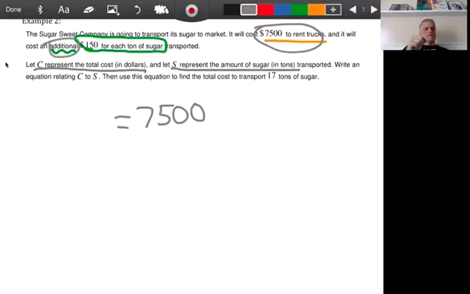Is it going to be positive or is it going to be negative? Well, it's an additional. Add is in additional. You're going to add 150. But it's not just 150, it's for each ton of sugar. So which variable represents how many tons of sugar we have? Okay, well, there's the in tons. So S represents how much sugar we have.